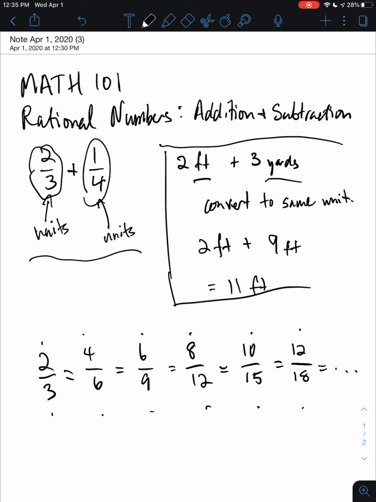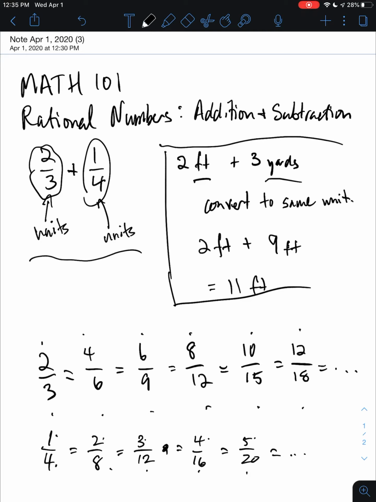Now, when I do quarters, I'm going to get something similar. 2/8, 3/12, 4/16, 5/20, and so on. I have, again, arithmetic sequences, 1, 2, 3, 4, 5 in the numerators, and 4, 8, 12, 16, 20. I'm skip counting by 4 in the denominators.